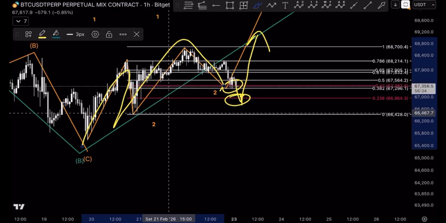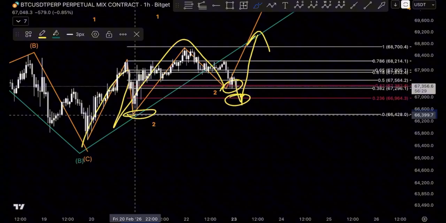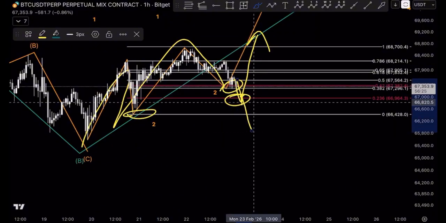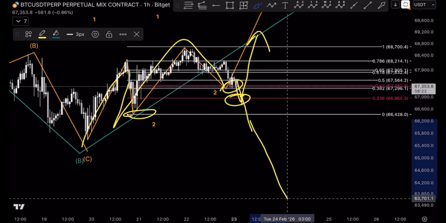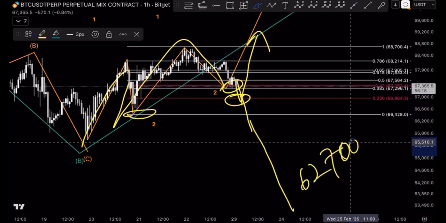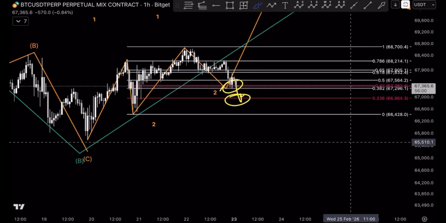Until the price is higher than this bottom, we are okay. But if the price crosses down here, then there will be likelihood that we are going even lower, around the 62,700 region.